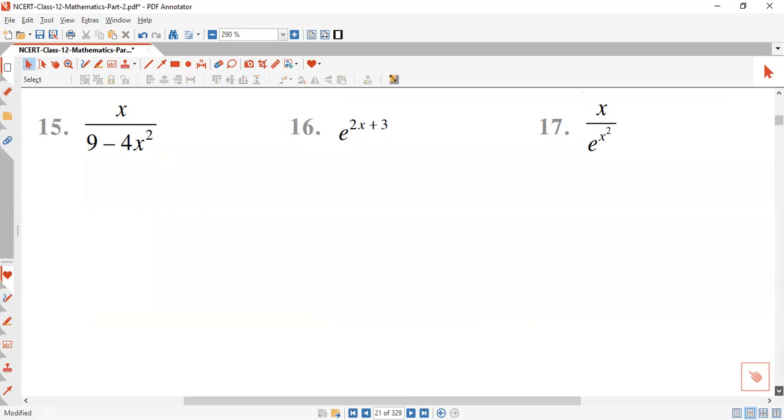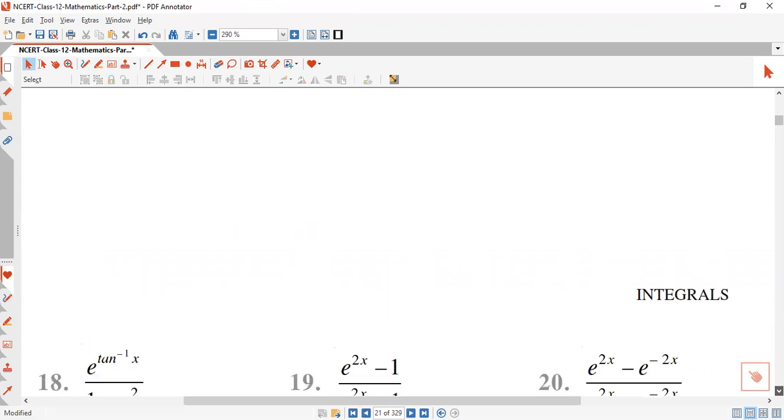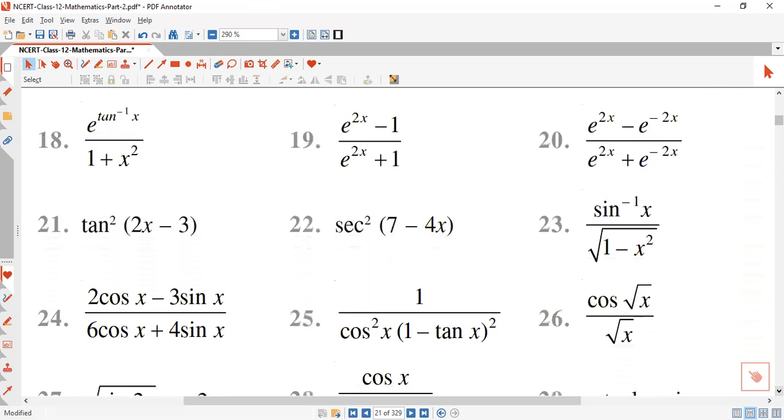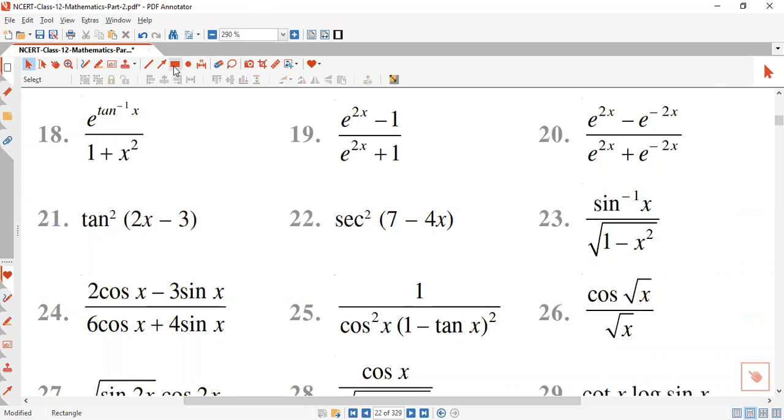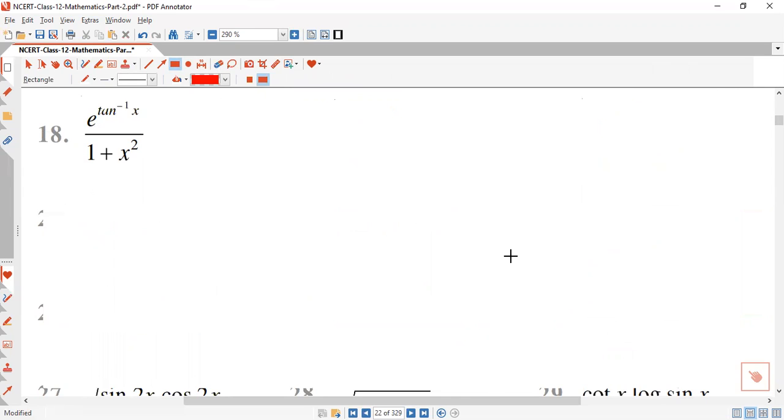Now the next question is 18. Question number 18, we have to do this question. In this question number 18, we want to do the integration. What should we do here basically? You see, e raised to tan inverse x upon 1 plus x square dx. We know that tan inverse x has a differentiation 1 upon 1 plus x square.